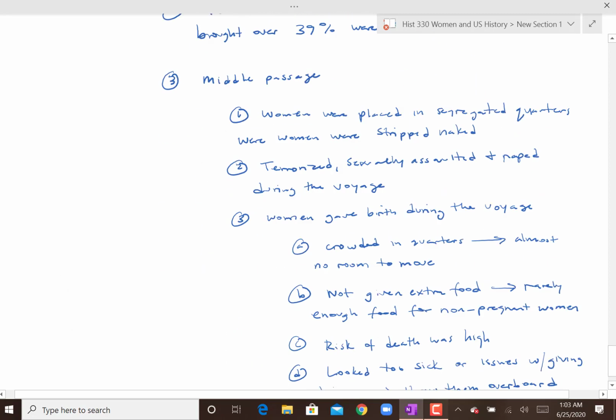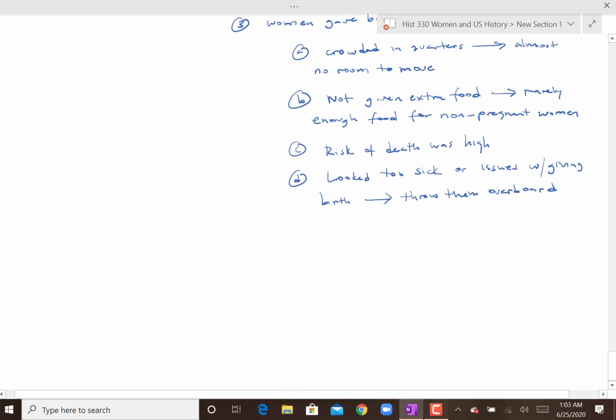All right, the two main areas were the Chesapeake with Virginia, and then in the southern area, the Carolinas.